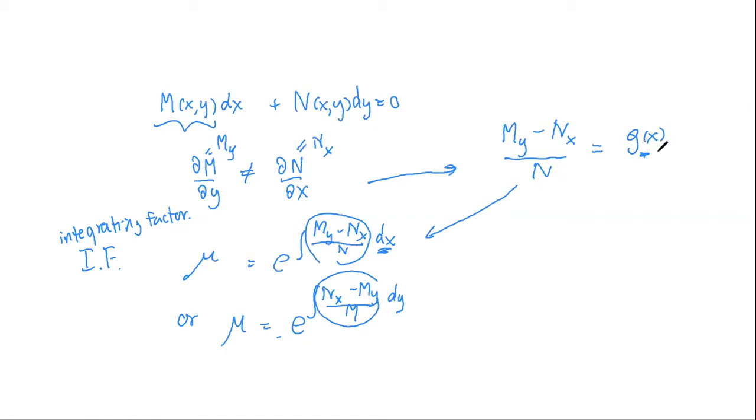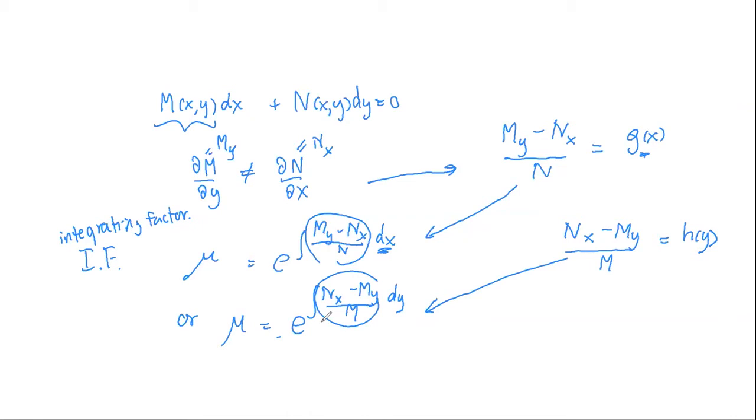If it's not totally in x, you try the other version by switching the order of the numerator, N_x minus M_y, and this time dividing by M. If it turns out to be totally a function in y, you find mu, the integrating factor, using the second case of the formula.